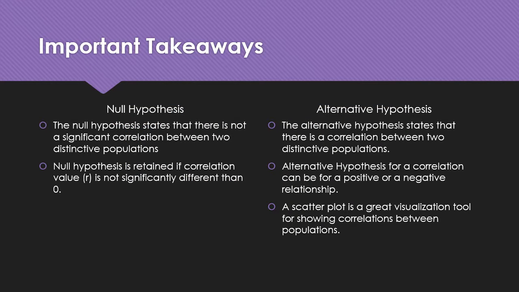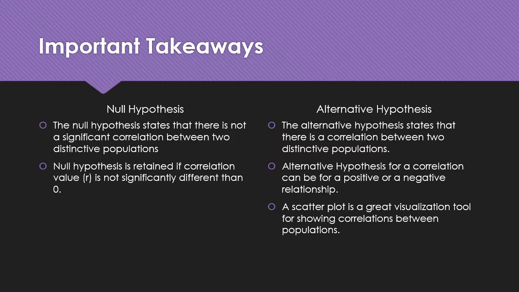The important takeaways here are that the null hypothesis states that there is not a significant correlation between two distinctive populations. The null hypothesis is retained if the correlation value, or R, is not significantly different than zero. In this case, we didn't have anything in which the null hypothesis was retained. The alternative hypothesis states that there is a correlation between two distinctive populations. This can be positive or negative.